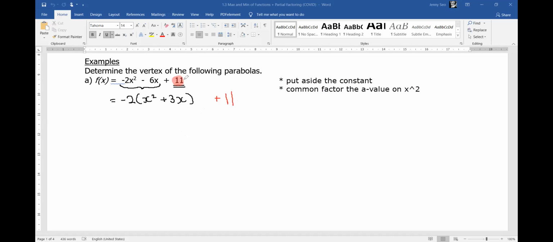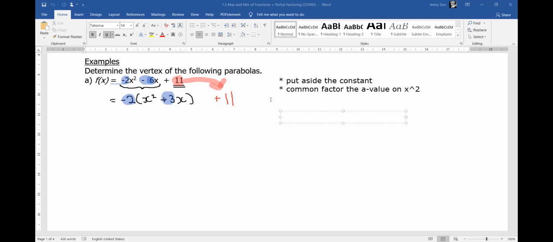Okay, so a positive 1 is just moved aside, and the negative 2 is factored out. So far, so good? There's nothing illegal, I'm just manipulating numbers, but that's part of the technique.